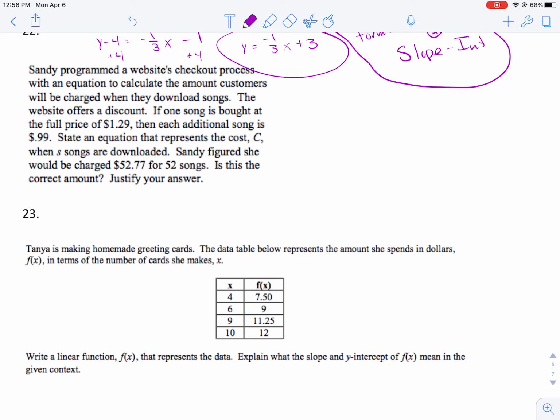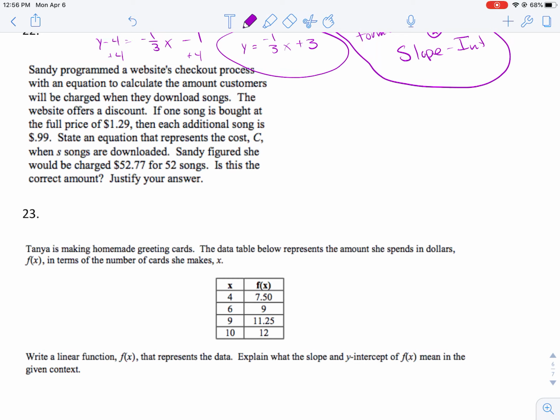Sandy programmed a website's checkout process with an equation to calculate the amount customers will be charged when they download songs. The website offers a discount: if one song is bought at the full price of $1.29, then each additional song is 99 cents.